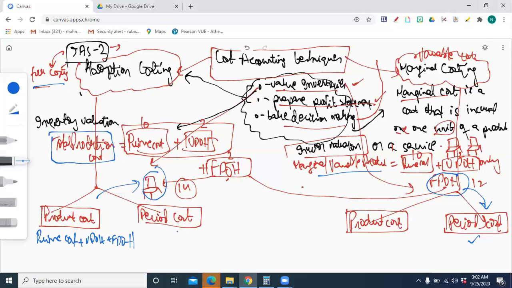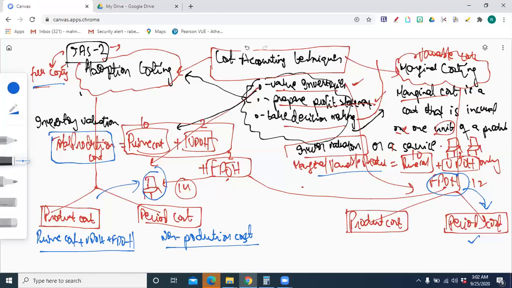And what do you think would be the period cost in absorption costing? Since total production cost in absorption costing is a product cost, the period cost would definitely be your non-production cost. Your non-production cost is basically your period cost. And here, what is your product cost? Product cost is the value of a chair.